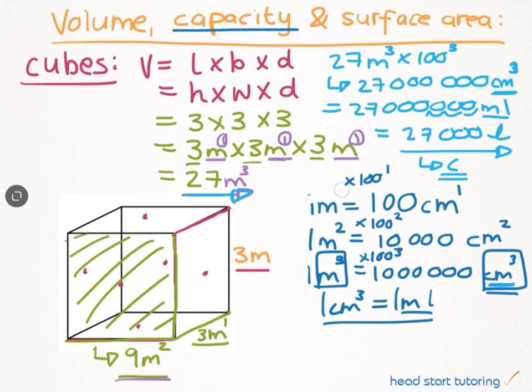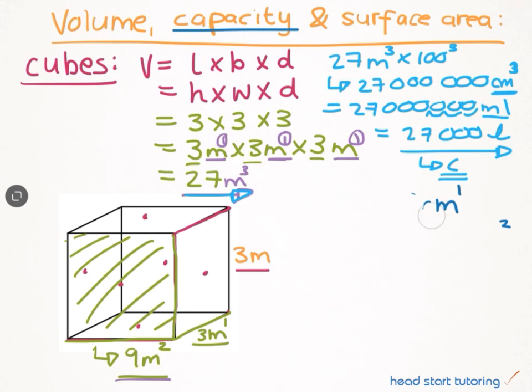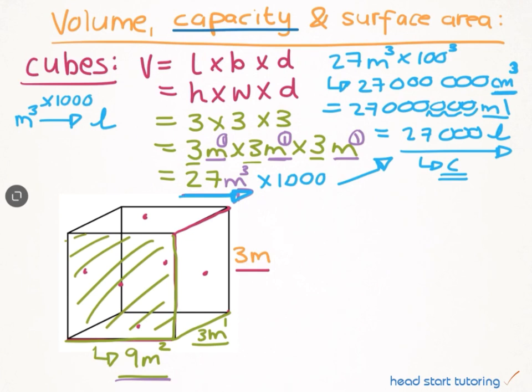So as you can see, when our measurement is in meters cubed, as it was here, what you can do is just multiply this number by 1,000 and you get your answer straight into liters. So going from meters cubed into liters, you just multiply by 1,000.